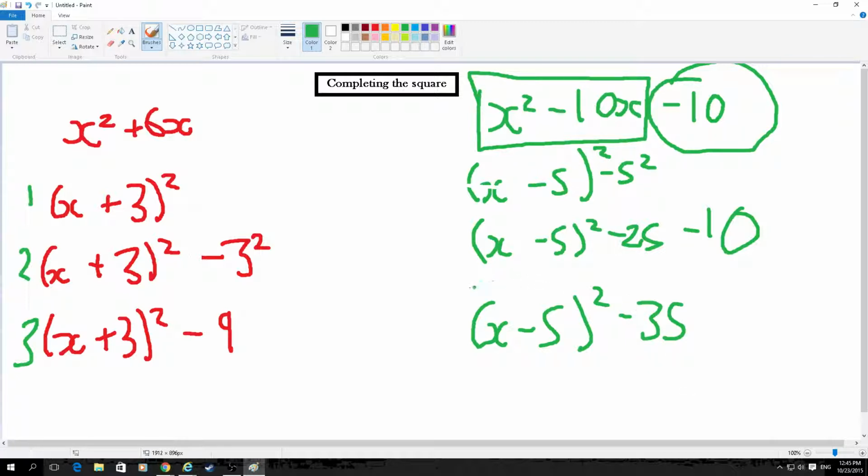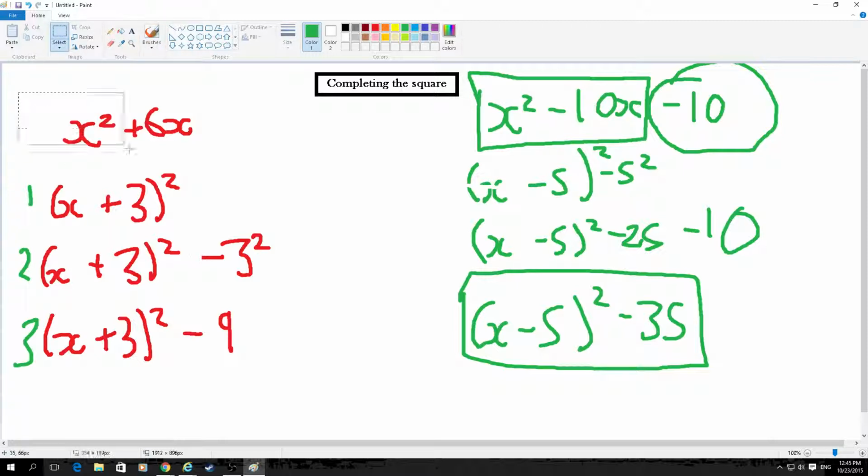But then you can use these answers to work out the turning point of a quadratic. I'll show that now.